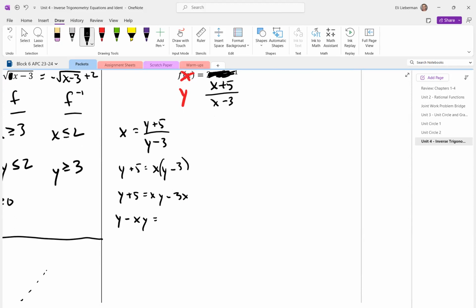So this equals... Okay. Y equals what? You mean negative 3x minus 5?